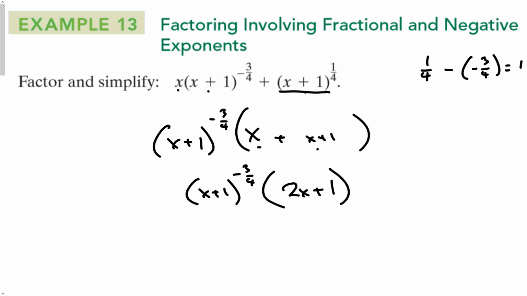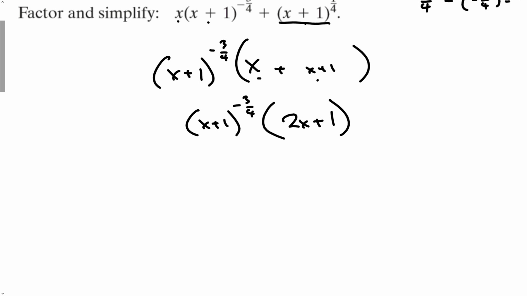If you recall from our section with exponents, you are not allowed to leave negative exponents in a simplified expression. So we're going to take this negative exponent and we are going to move it to the bottom of a fraction. And from that same lesson, hopefully you recall that you cannot leave a fractional exponent in the denominator.